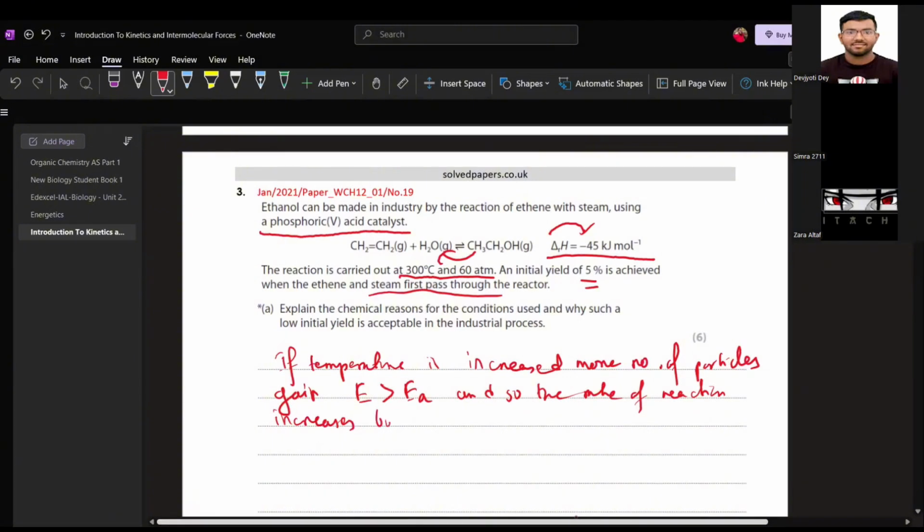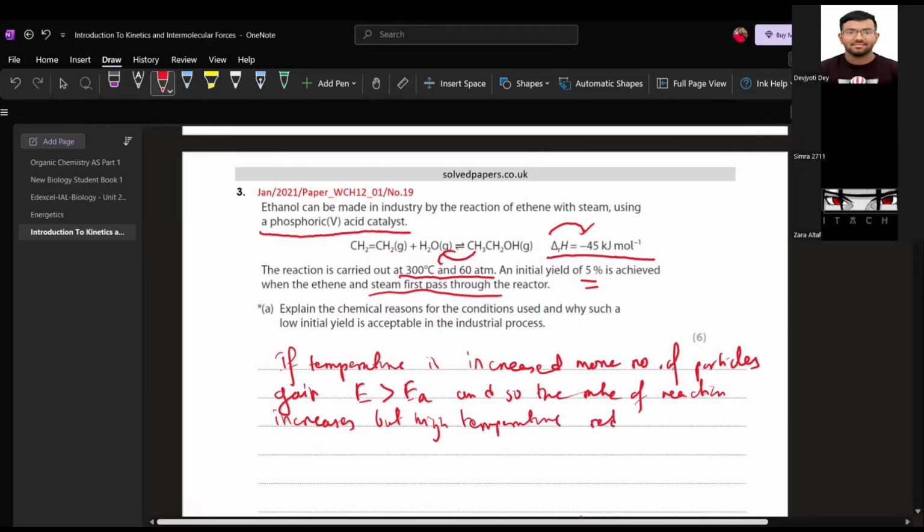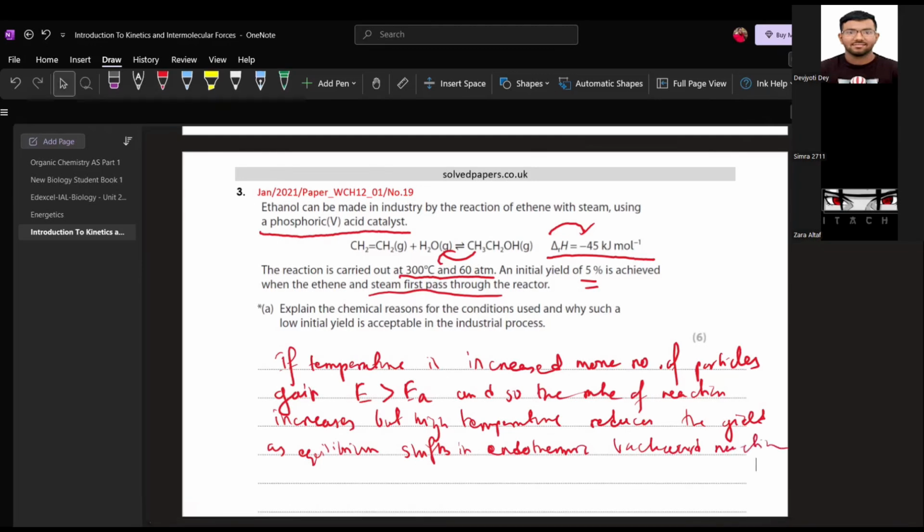So high temperature reduces the yield. So that's the temperature factor done.